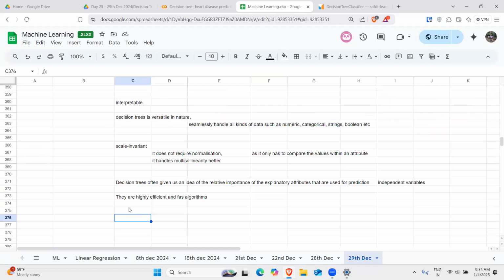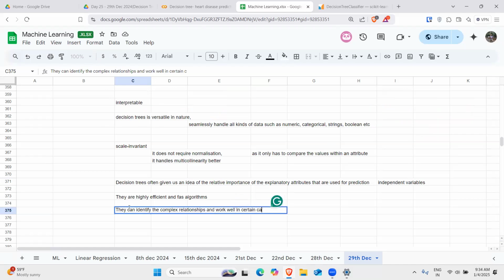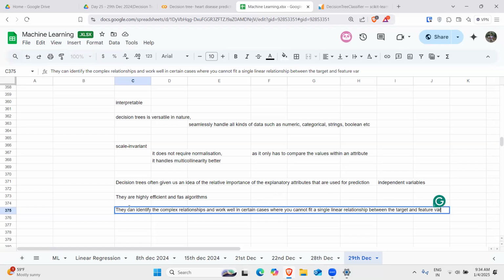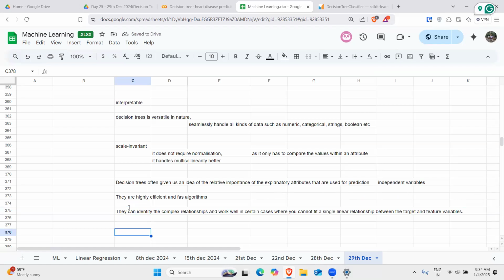Then they are highly efficient and fast algorithms, and they can identify complex relationships and work well in certain cases where you cannot fit a single linear relationship between the target and feature variables. So this is where regression with decision trees comes into the picture, right?